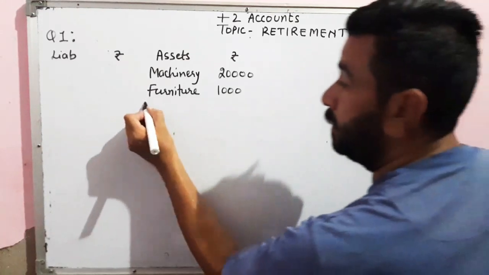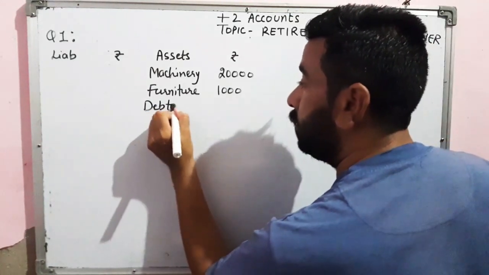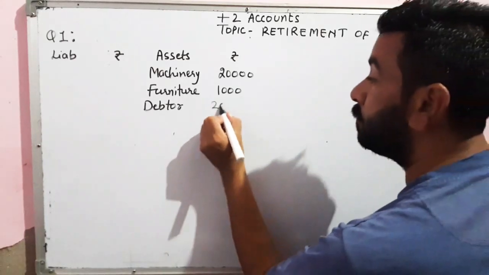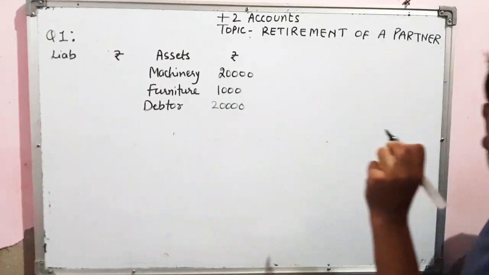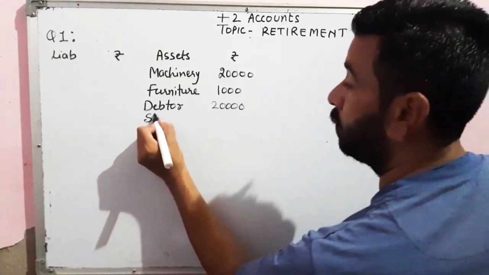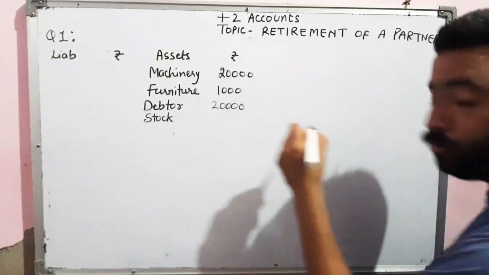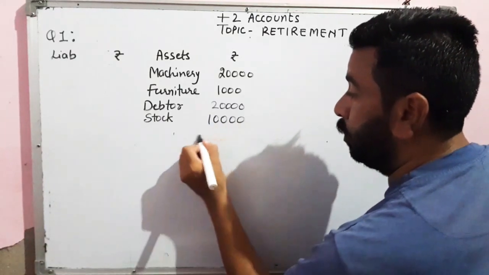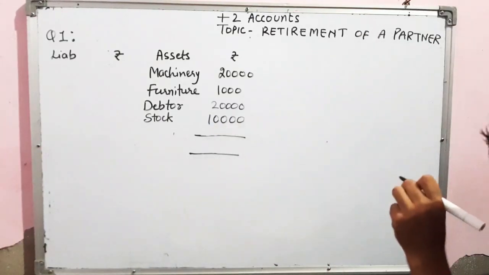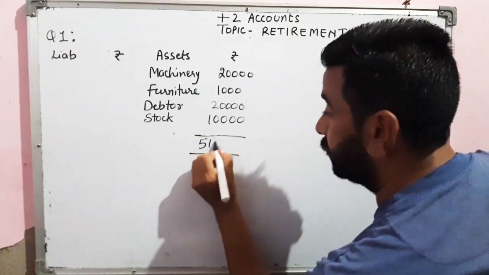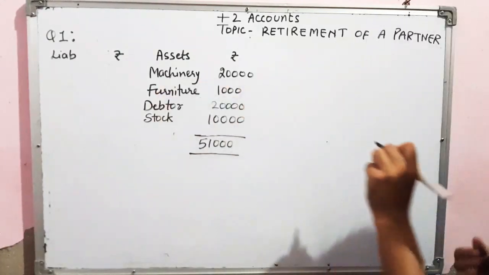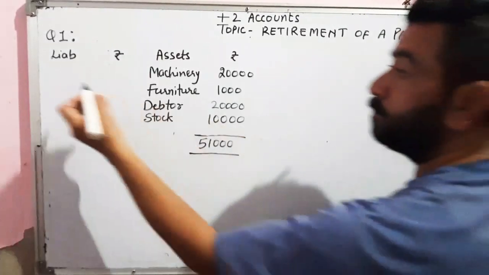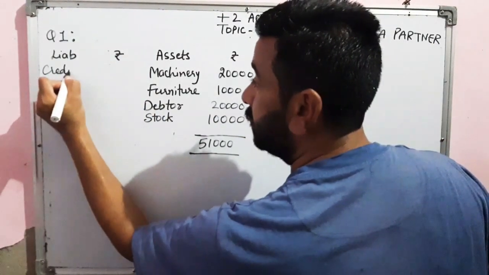Next, debtors are 20,000. And the last one is stock, that equals 10,000. The total is 51,000.